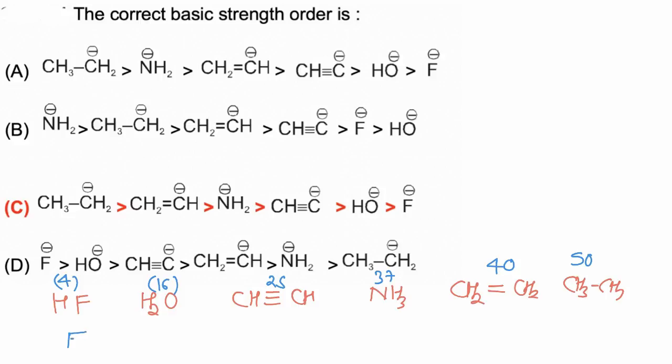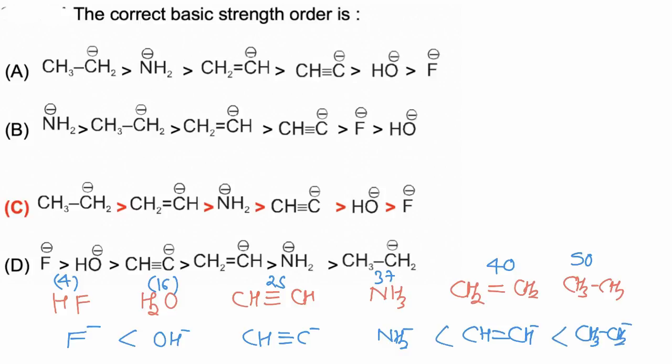So HF is the strongest acid among these, and ethane is the weakest acid. So out of F negative, OH negative will be the stronger base, and if we form their conjugate bases, CH3CH2 negative will form the strongest base, and hence the correct answer is C.